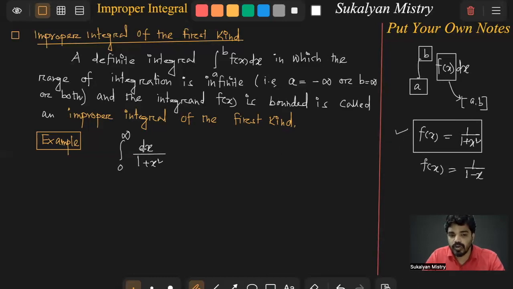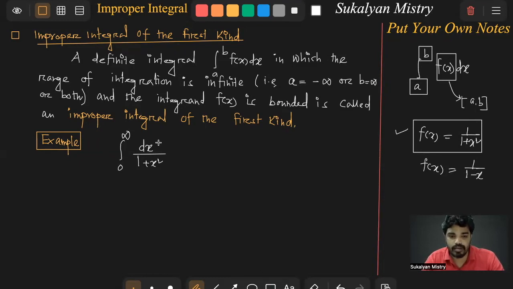Clear? So here f(x) is bounded, that is the integrand. f(x) is called the integrand. f(x) is bounded, and the range of integration is infinite.